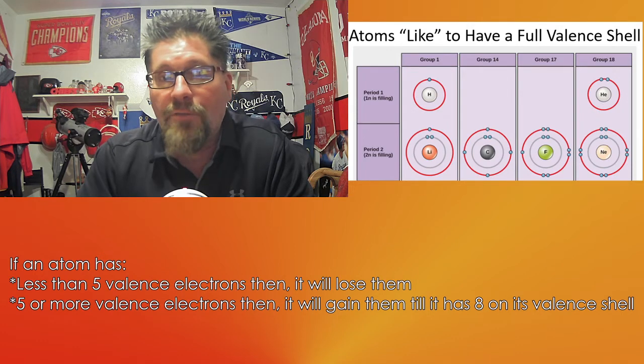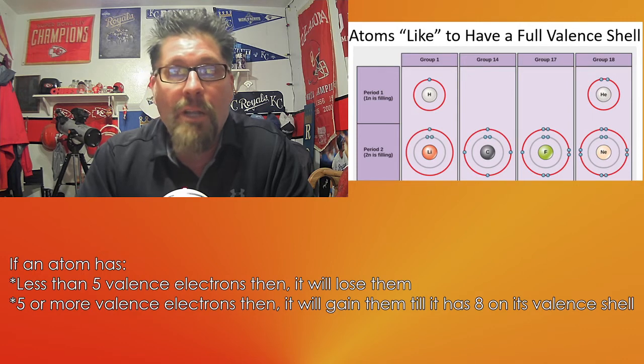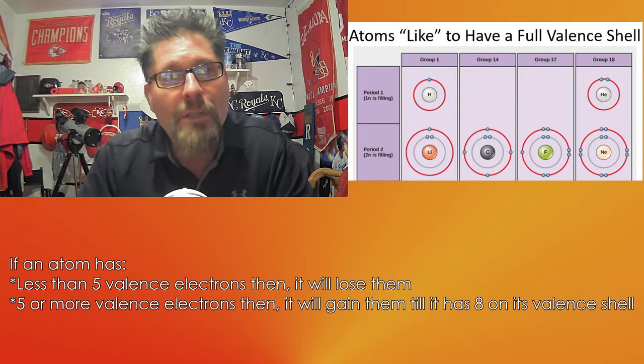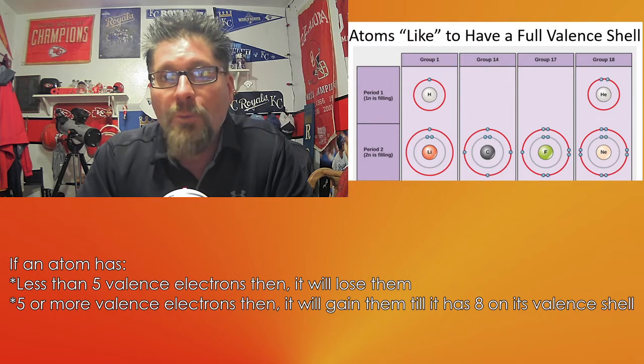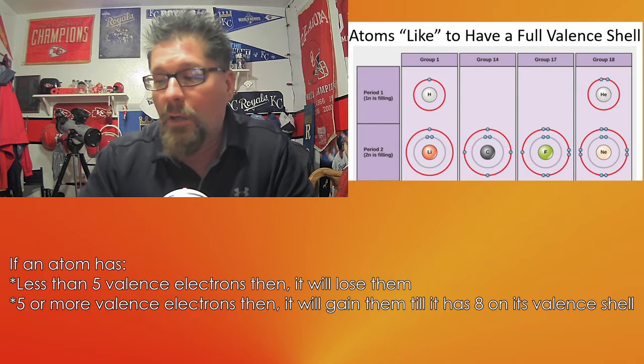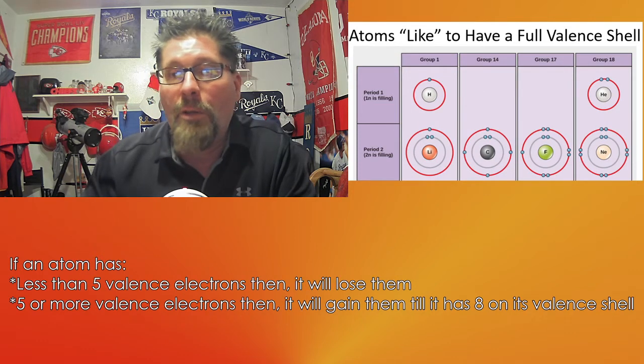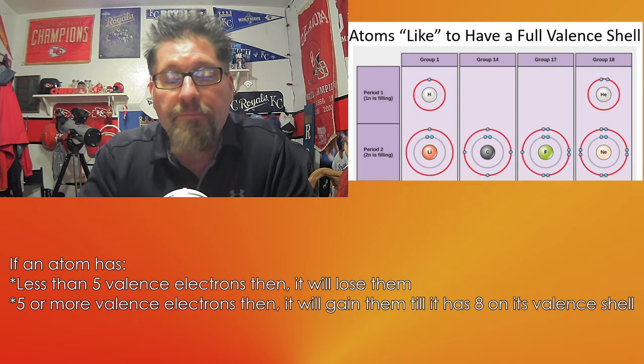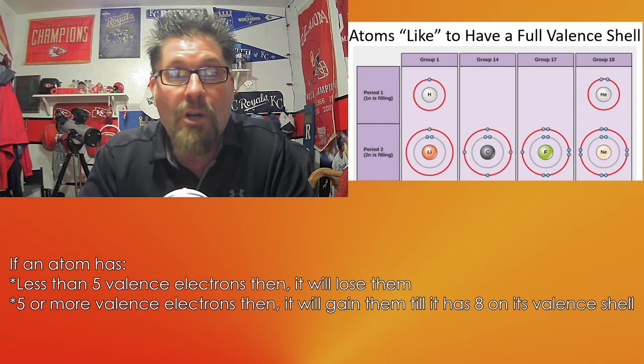If it has 5 or more, it typically gains electrons to fill its outer shell. That's not always the case, as when we look at carbon in chapter 3, we'll see that a bunch. But if you're looking at an atom and getting a general sense of whether it will gain or lose electrons, 5 is kind of that number.